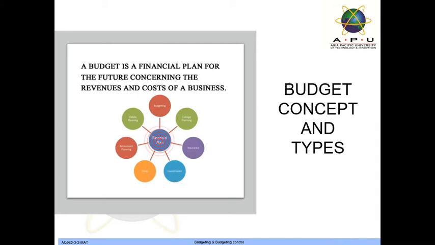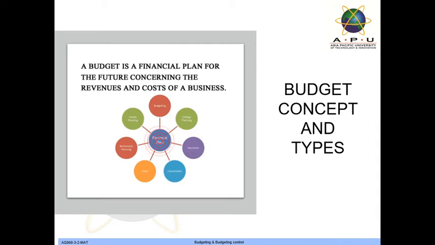From there you can differentiate between your budget and your actual expenditure during July. The difference, we call it variance.